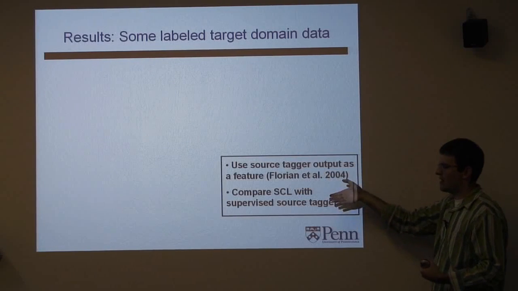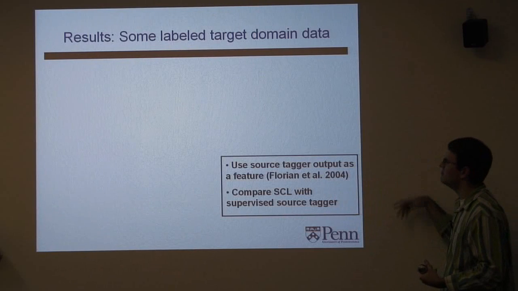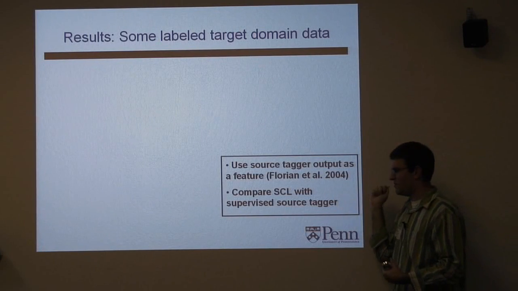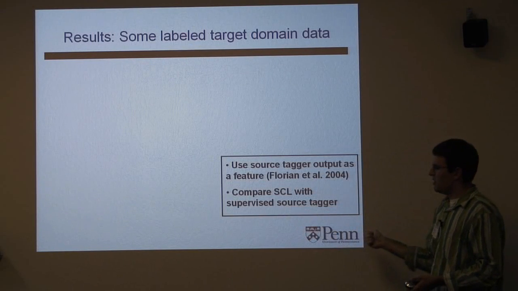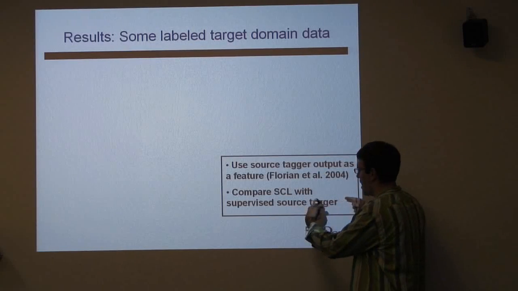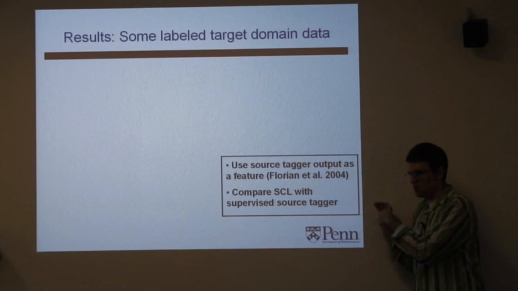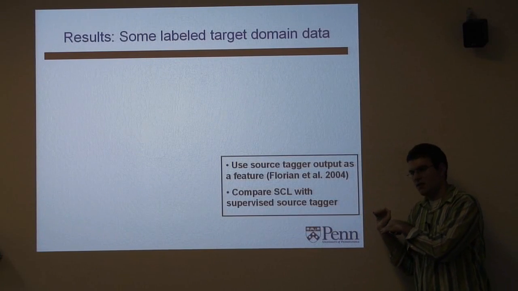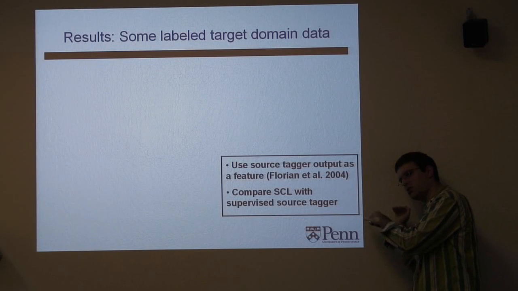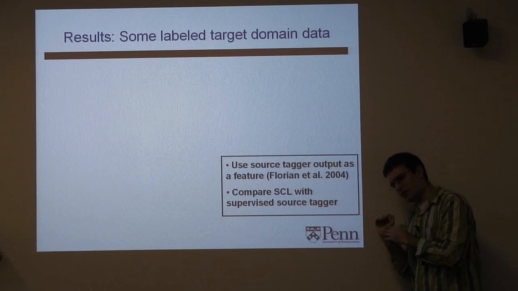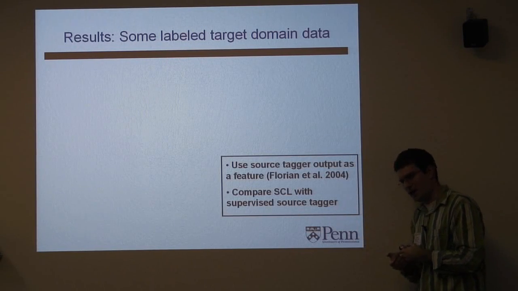This was advocated by Florian et al. at NAACL, I guess 3 or 4 years ago. The idea is to compare SCL with a normal supervised tagger: we train one of these taggers in the source domain and use it as a feature in the target domain and see how much improvement we can get.